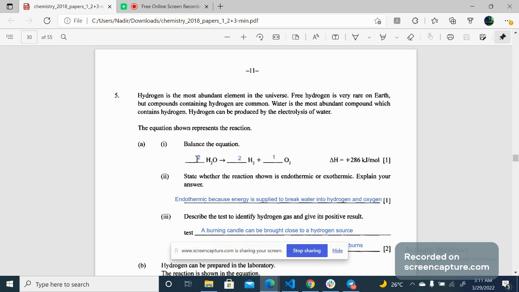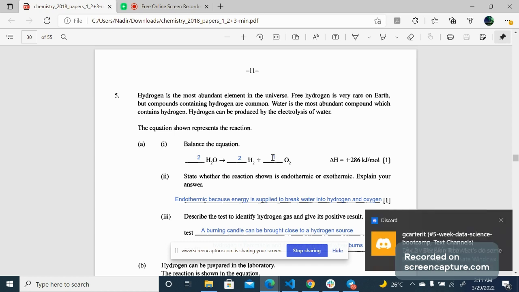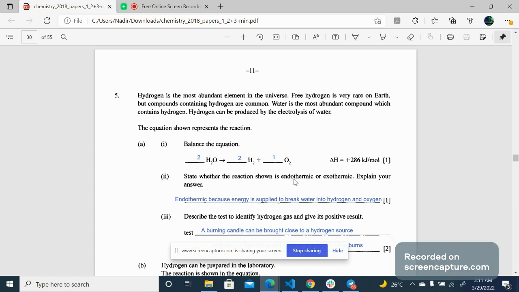If we put a coefficient here, this coefficient is not only for H but also for O. So this O becomes 2, and if you put 1 here, this O becomes 2. So hydrogen is 4 here and 4 here, oxygen is 2 here and 2 here. So this is now balanced. This is how a balanced equation looks. We have to equalize the number of atoms in a reaction to balance an equation.